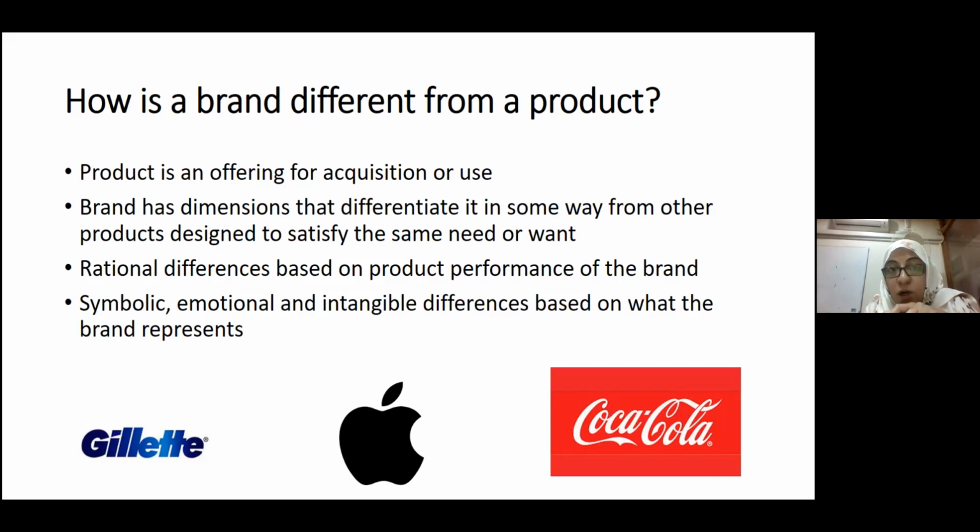Now, when we convert a product into a brand, we are making the customer know about some radical differences between our brand and all those that are available in the market. Those differences can be very tangible, such as the features and the benefits that we are offering. For example, if you are buying a mobile phone, what are the features of that particular brand?